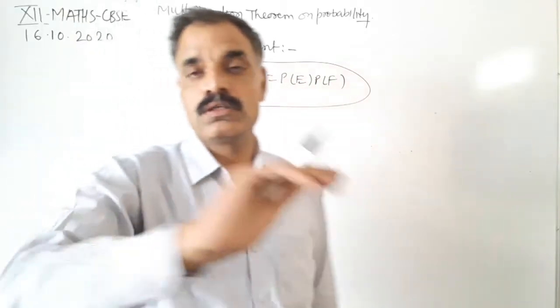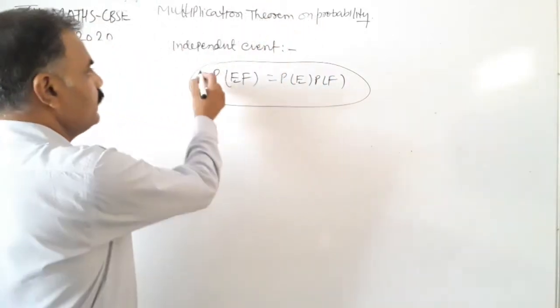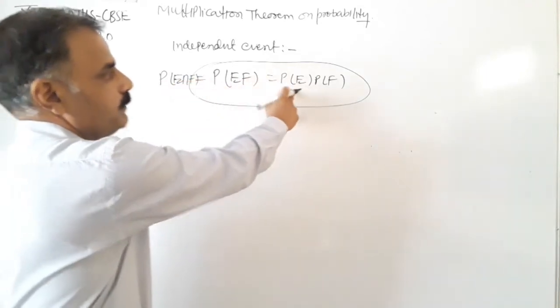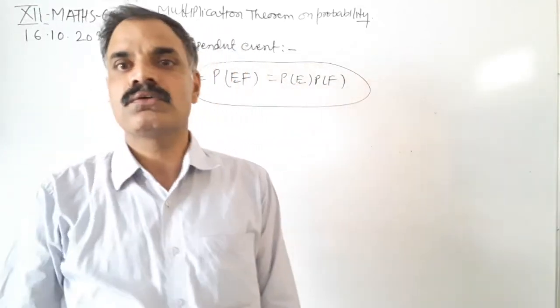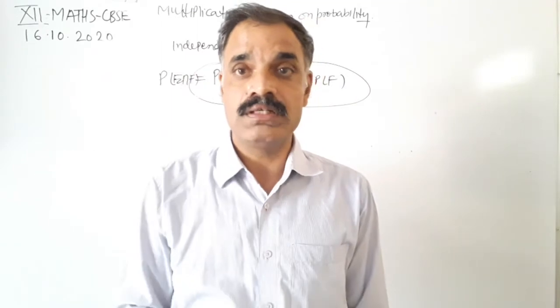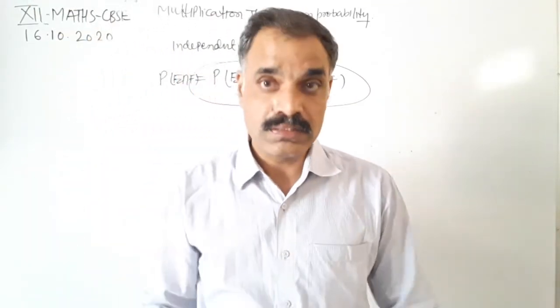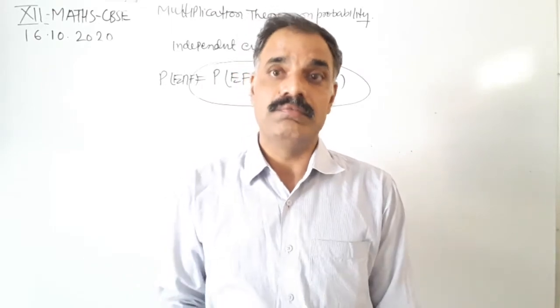It means P(E intersection F) equals P(E) multiplied by P(F). In such a case, the events are said to be independent events.